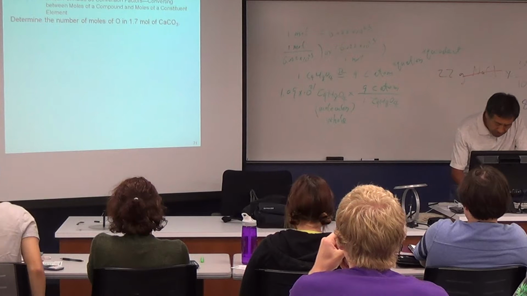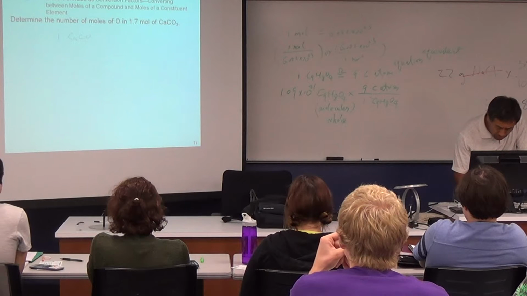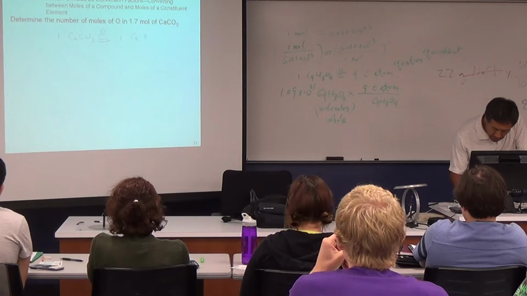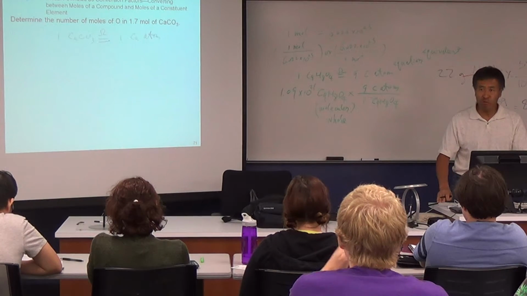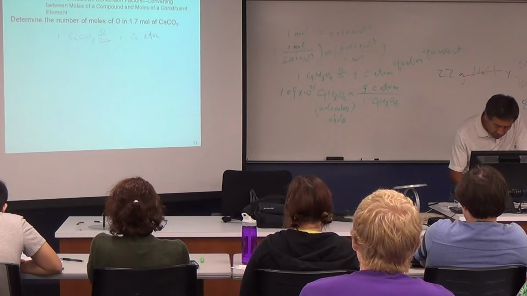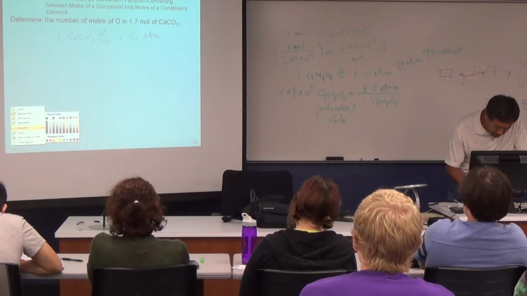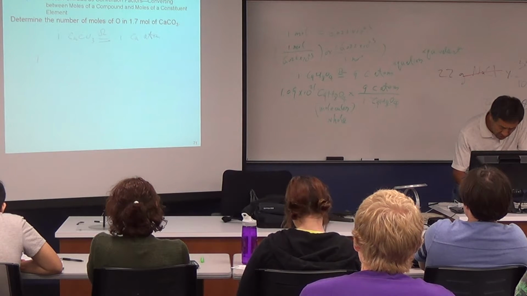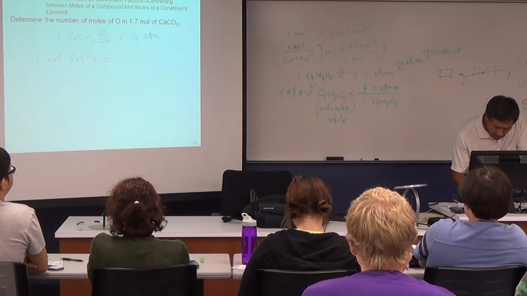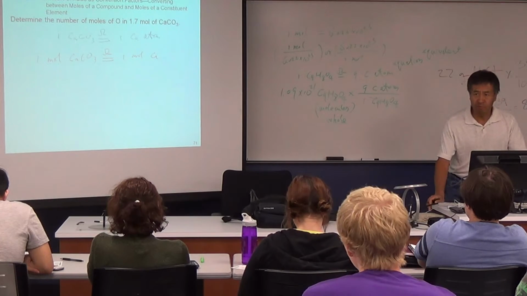I will write for every one CaCO3, if I call this 1 unit, it is equivalent to 1 Ca atom. And if you make the unit larger, we write another relation: 1 mole of CaCO3 is equivalent to 1 mole of Ca atoms.